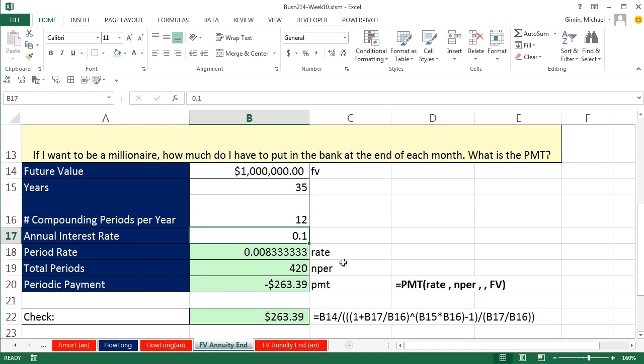All right, so there we go, $263 per month for 35 years, and I can have $1 million if I get that 10%. All right, that's a lot of fun stuff with financial functions. The only big important function we didn't look at is present value, and that has to do with the present value concepts, present value of future cash flows, and we'll save it for a finance class.